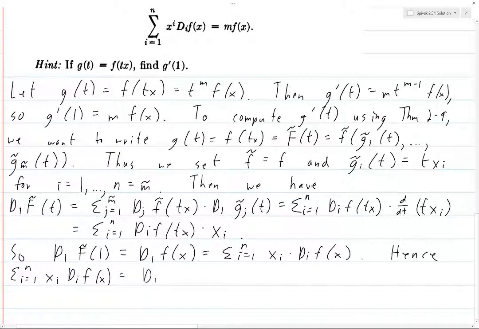Well, this is the derivative with respect to t of, here, let's write it like this. This is going to be the derivative with respect to t of f of tx evaluated at t equals 1.